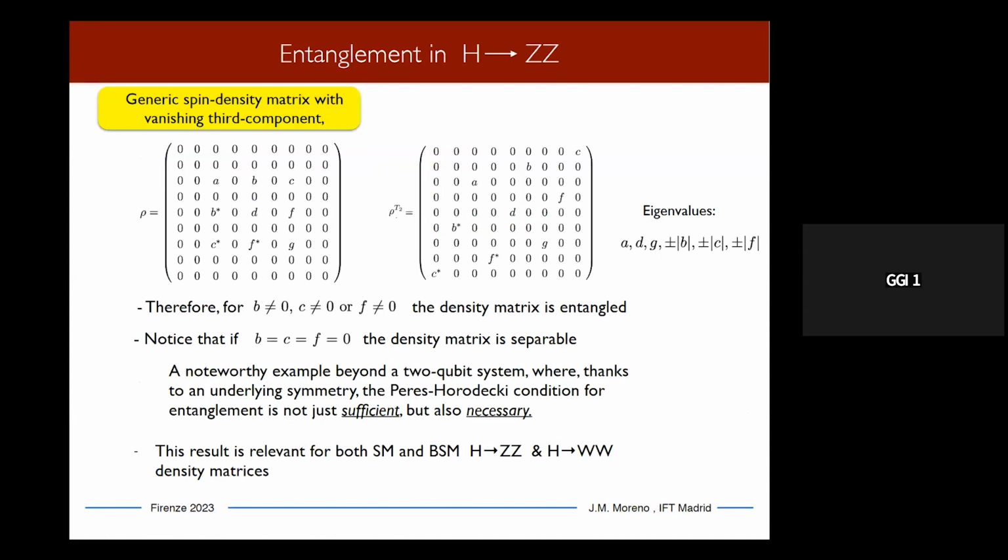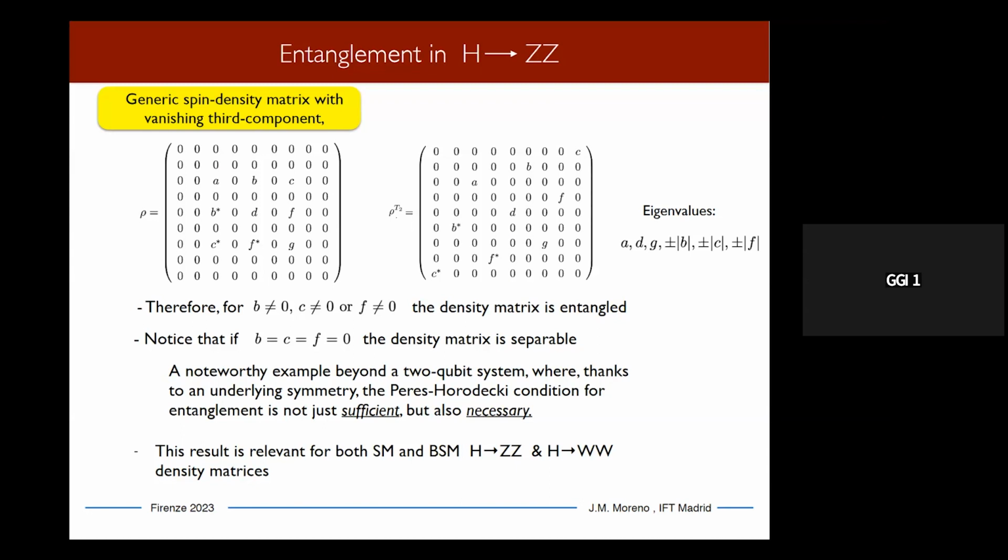For a general density matrix with vanishing third component, which would be the case for a Higgs decaying into two vector bosons, not just ZZ but also valid for decaying into WW, if you build this transposed matrix, you can see that the state is entangled if one of the non-diagonal terms is different from 0.